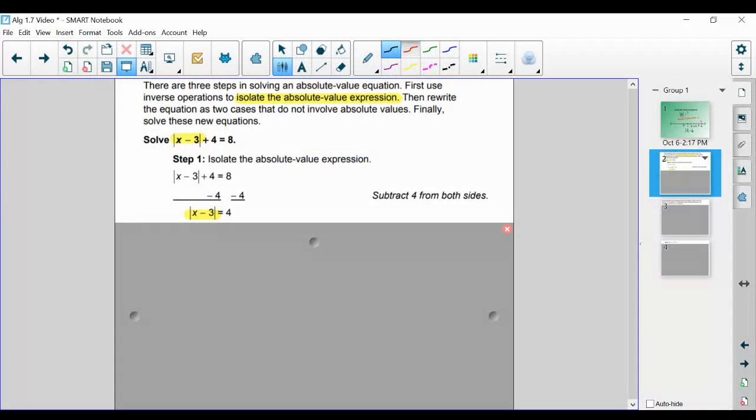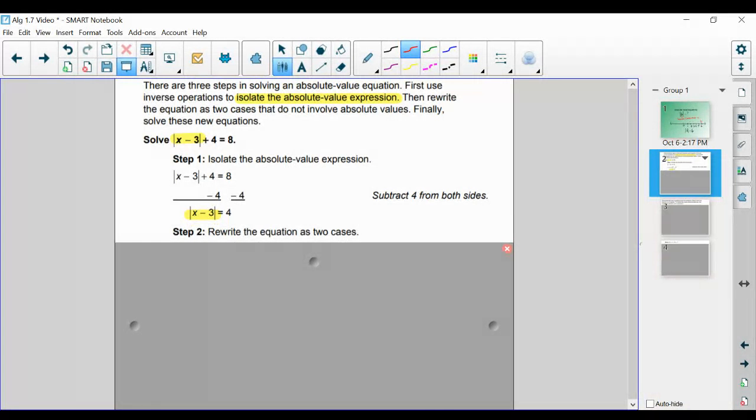If we think back to what it means to be absolute value, whatever is inside has to be some amount of units away from 0.